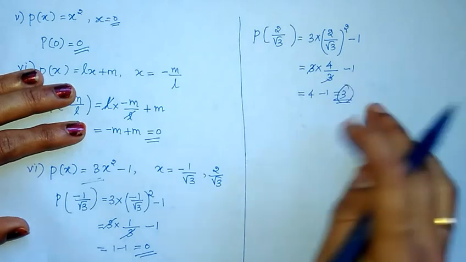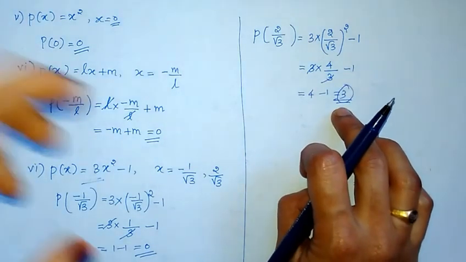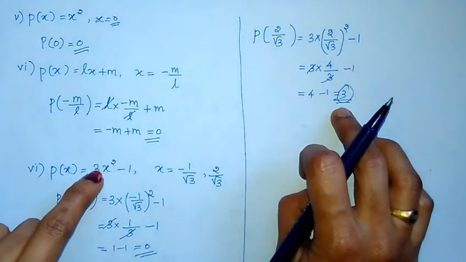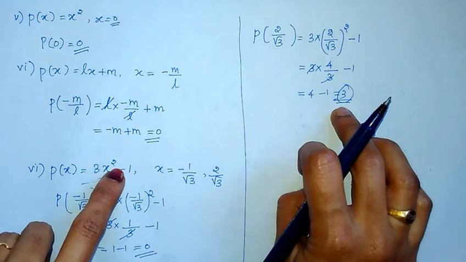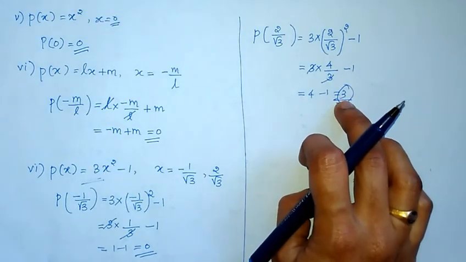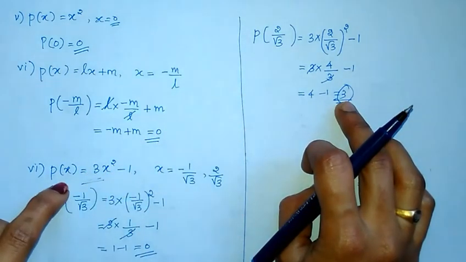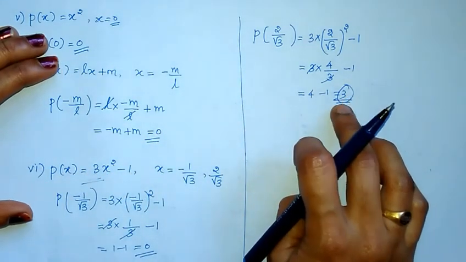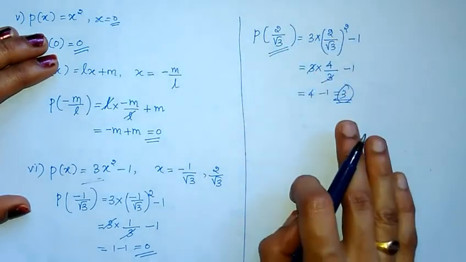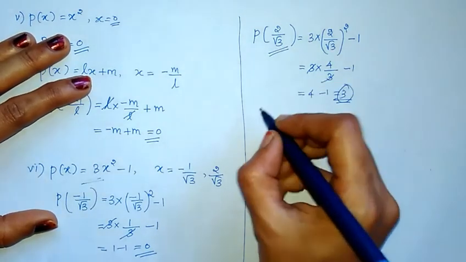So here we got the value 3. So we can say 2 by root 3 is not a 0 of this polynomial 3x square minus 1. If it gets the value as 0, then only we can say the number which is given to the x is a 0 of this polynomial. But here we got the number 3. So this number 2 by root 3 is not a 0 of this polynomial 3x square minus 1.